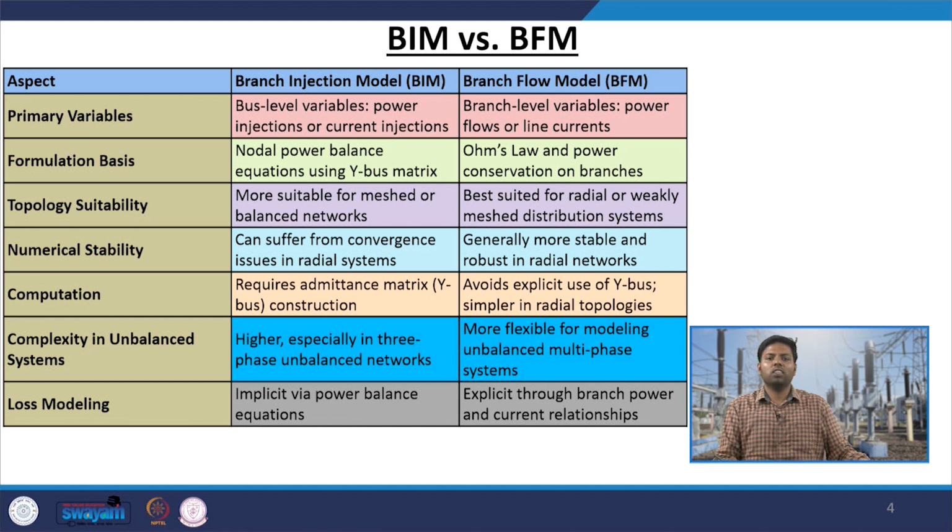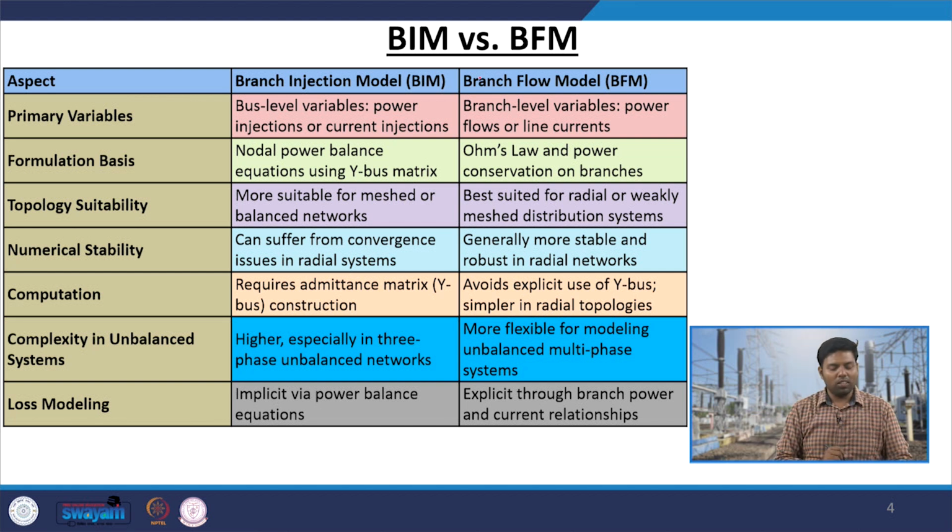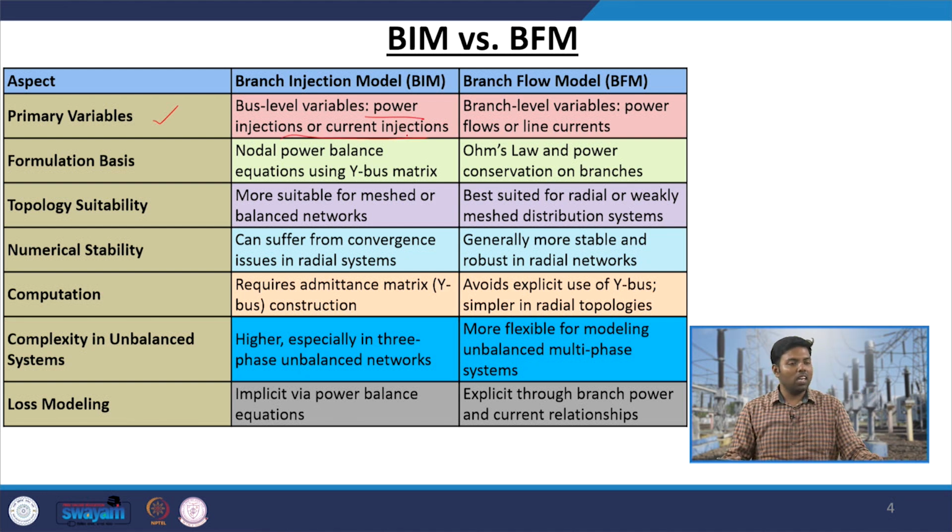Before moving towards that, let us do a brief comparative analysis between these two models. First, bus injection and branch flow in terms of primary variables. As I already told, for bus injection it is a KCL equation. So, that means your power injection and the current injection at each bus level will act as your primary variable. Got it?